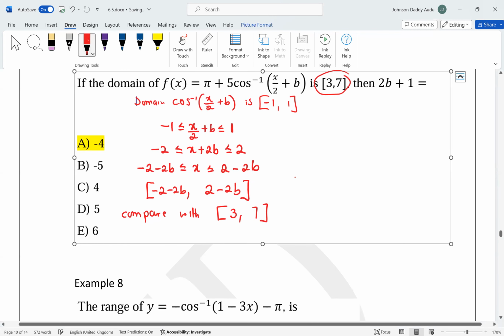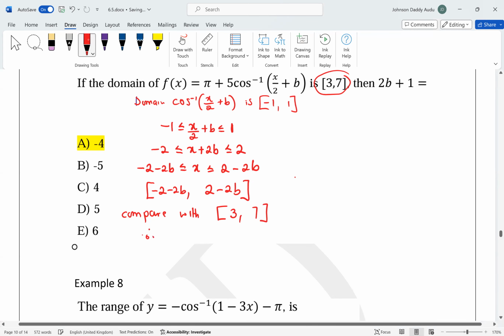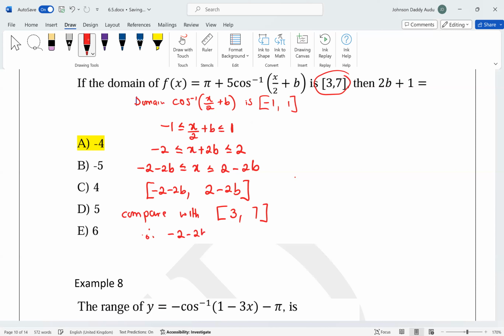This means that you can use any side. So minus 2 minus 2b is going to be 3. And this simply means that minus 2 minus 3 is equal to 2b.